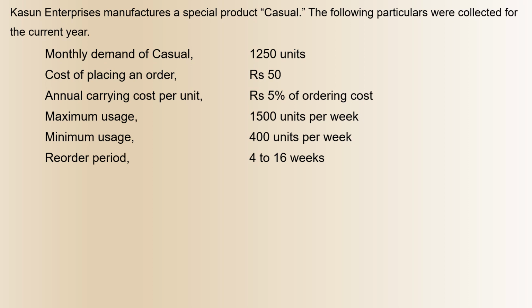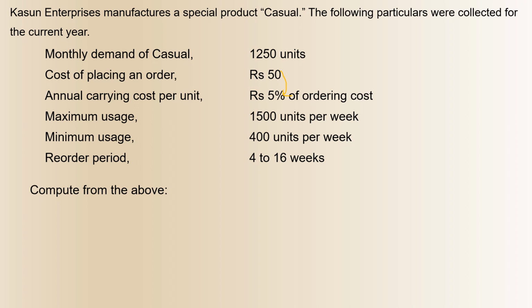So when you are doing the calculations, you have to take 5% from this. Then the maximum usage is 1500 units per week and the minimum usage is 400 units per week. The reorder period is also given. The minimum is 4 and it goes to the maximum of 16 weeks.